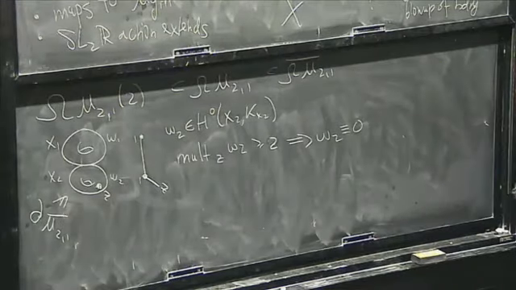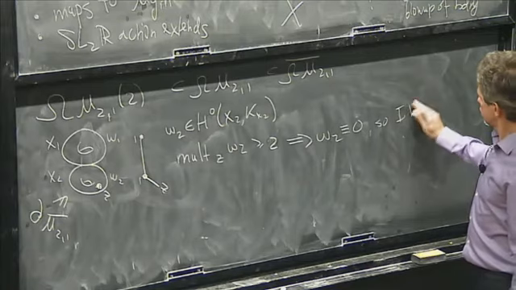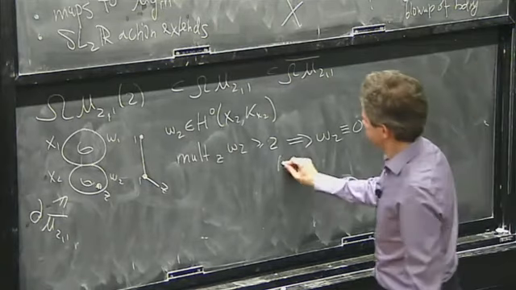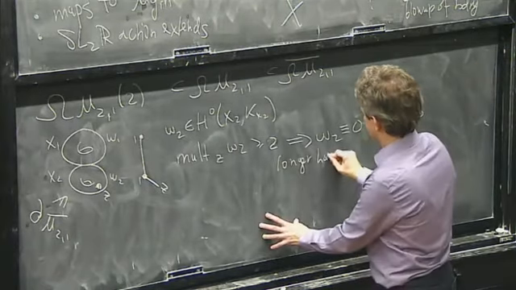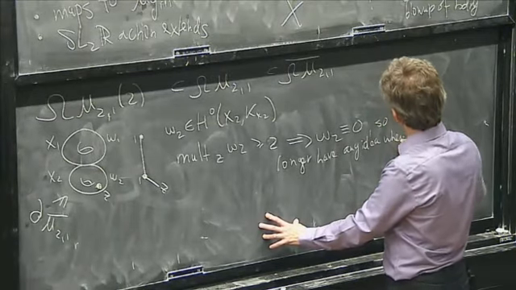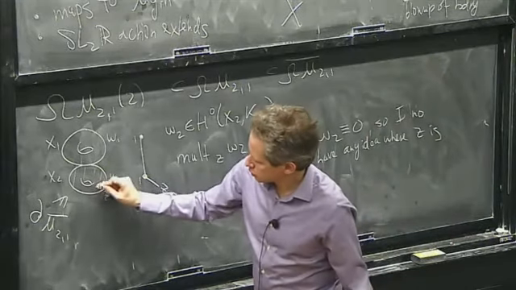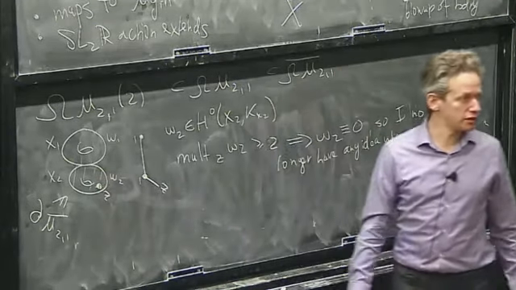Okay? And if my omega_2 is identically equal to 0, I no longer have any idea where Z is, right? Because now on this elliptic curve here, I have an identically 0 form.